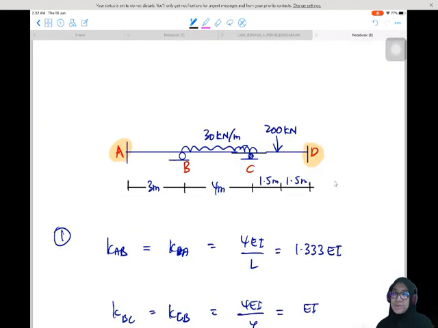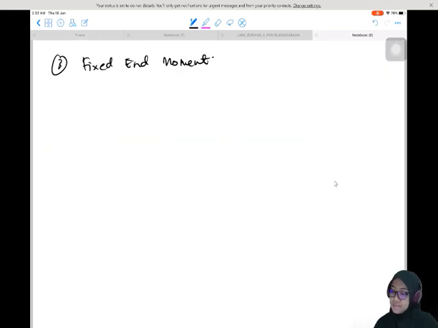Okay, so look back at the diagram. There is no fixed end moment for member AB since there is no external loading on the member. Okay, for member BC and for member CD, we need to calculate the value of the fixed end moment. We will start with member BC.